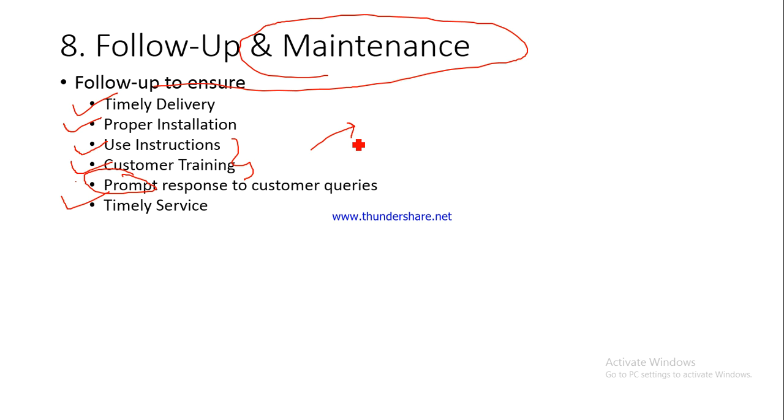Once they have placed the order, they feel that they have probably made a wrong decision. Now if you do all these things, the buyer would be assured that he has not made a wrong decision. Why? Because had he made a wrong decision and had your product not been a quality product, you would never have called him again, you would never have provided him timely response to his queries.